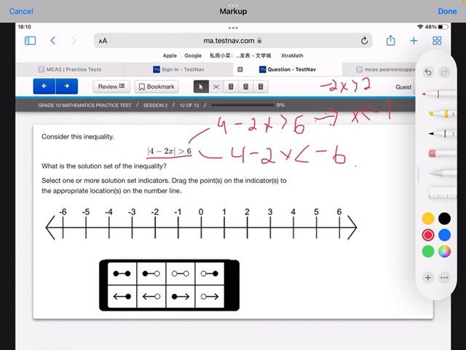Remember, we have to flip the sign when we divide by a negative. Here you have 10 is less than 2x. I probably should have done these in different colors. And then x is greater than 5.